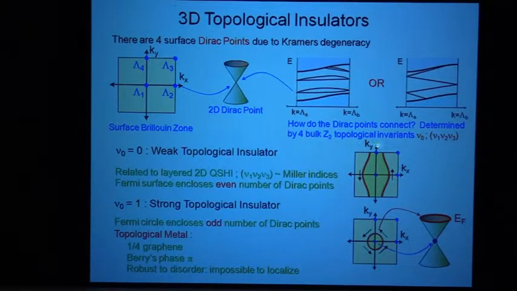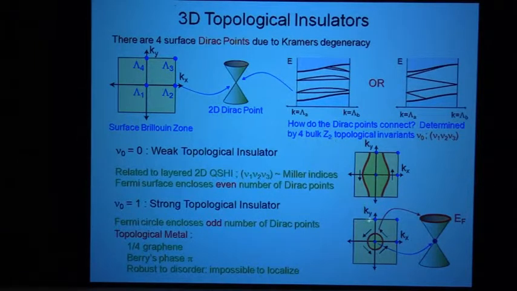The important thing here is that this Fermi surface on the surface encloses two of these time reversal invariant Dirac points. The more interesting situation is what we call a strong topological insulator, where the Fermi surface on the surface encloses just a single one of these Dirac points.